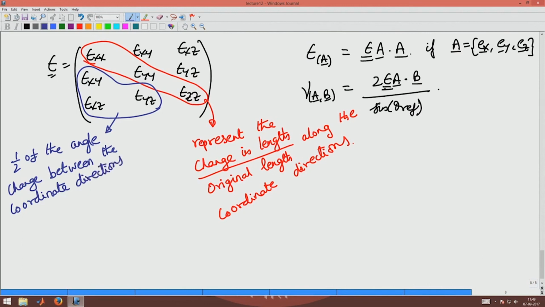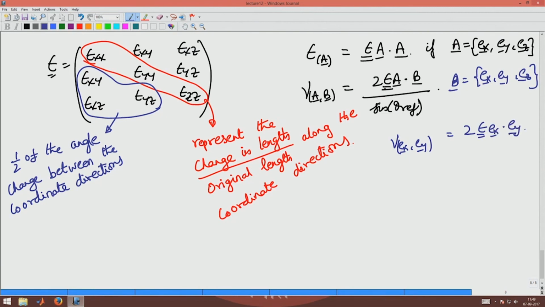The coordinate directions are mutually orthogonal. So, sine of theta is 1, and if A is Ex and B is again Ex, Ey, Ez, then gamma between Ex and Ey would be 2 times epsilon, Ex dot epsilon Ey.